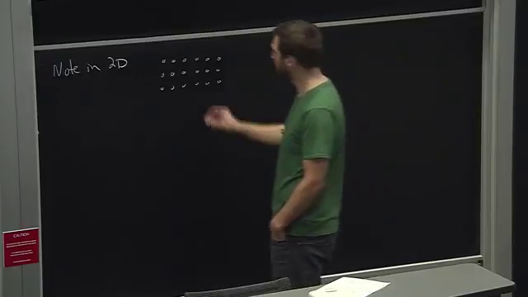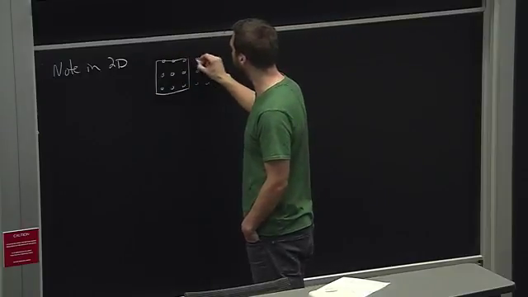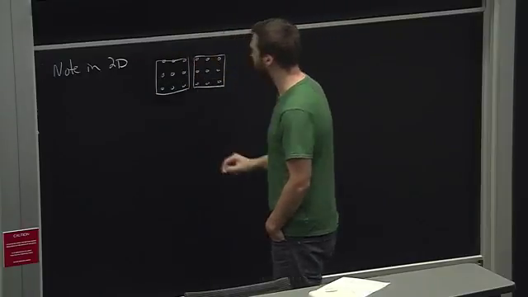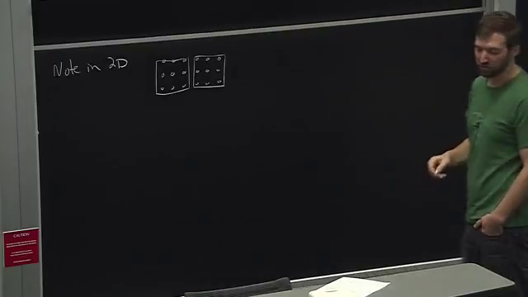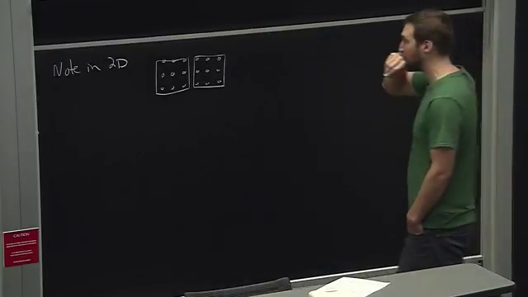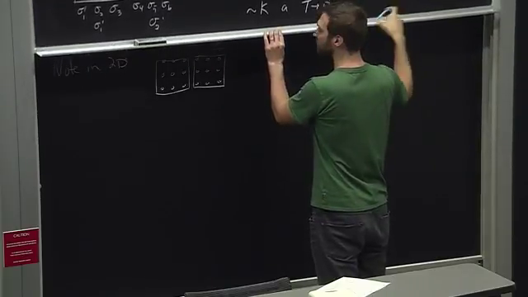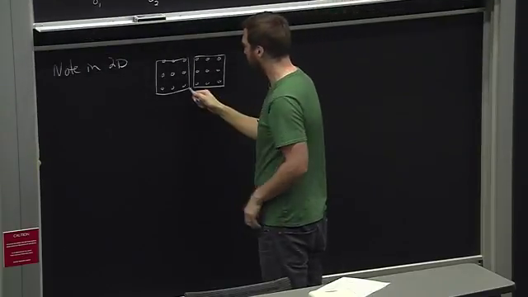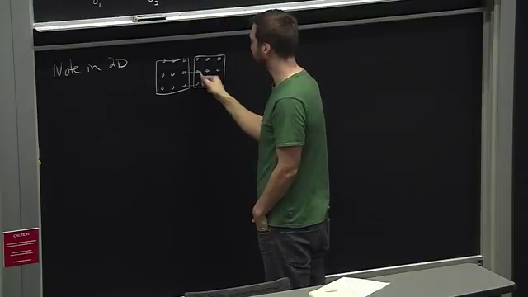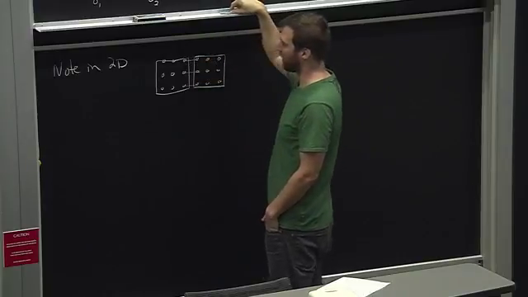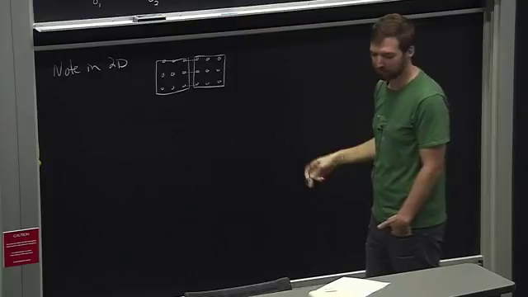Where I now have 3 by 3 blocks. So I would still say my scaling factor is B equals 3. But my interactions, if K is the blue, then K prime is more like 3 times the blue, right?